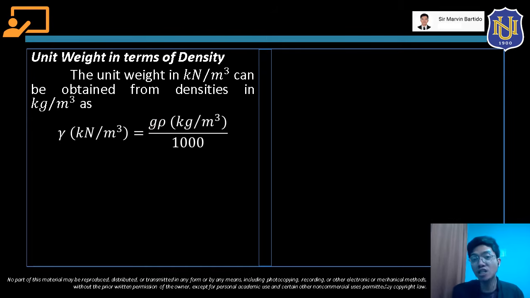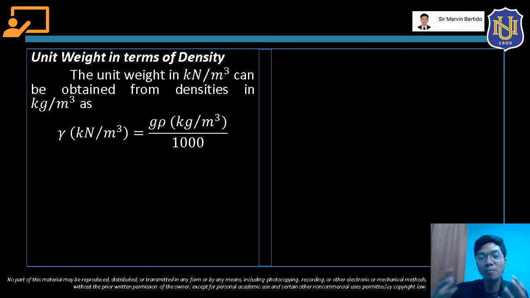So, the value of our G, class, for SI unit, is 9.81 meter per second squared, right? So, this will be divided by 1,000. It is divided by 1,000 because, class, this density is mass over volume. So the mass, class, is in kilograms. So when we multiply, class, the kilogram by 9.81 meter per second squared, class, kilogram times meter per second squared is Newton. Right?